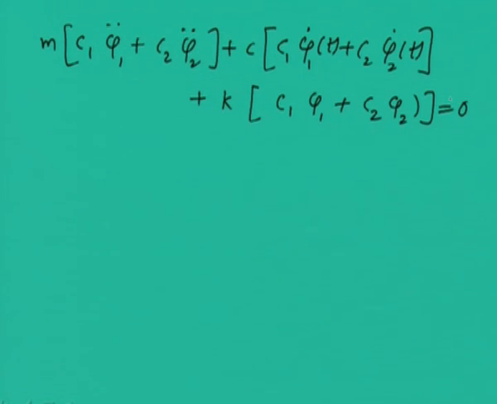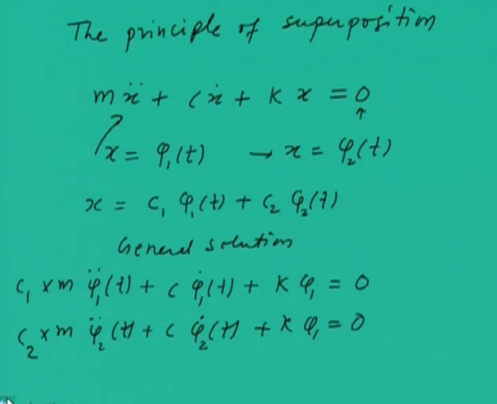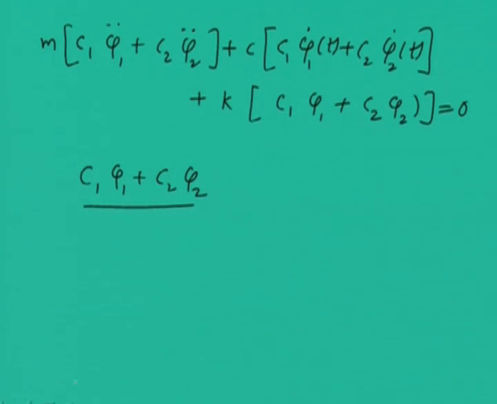You can see that the general solution which we assumed, if we substitute this directly in this equation, we get exactly the same equation as this. That means this is also a solution of the original differential equation.